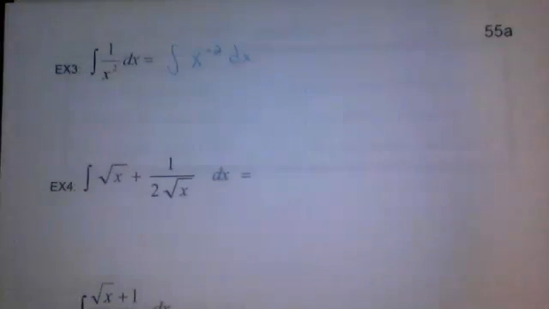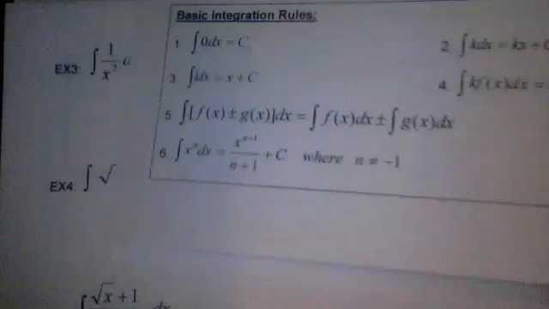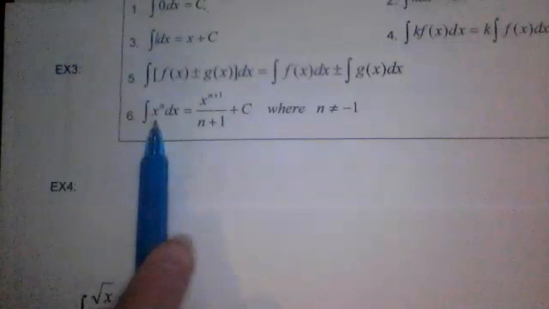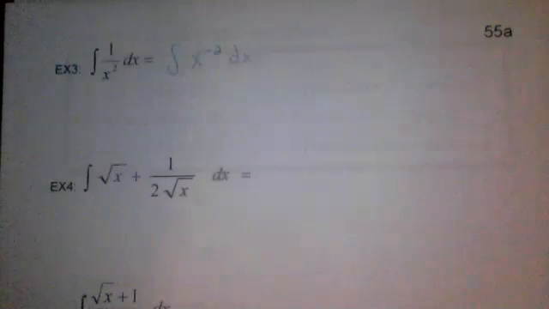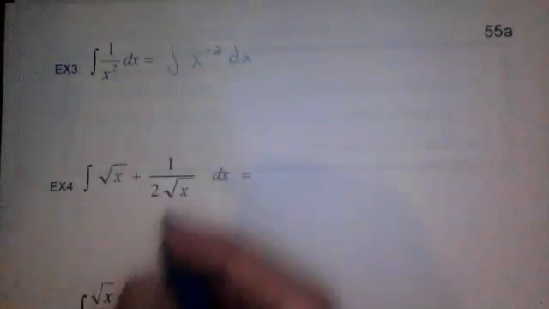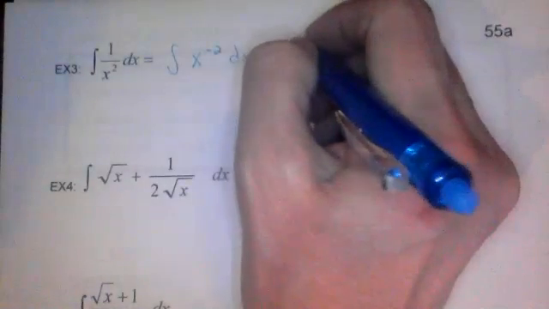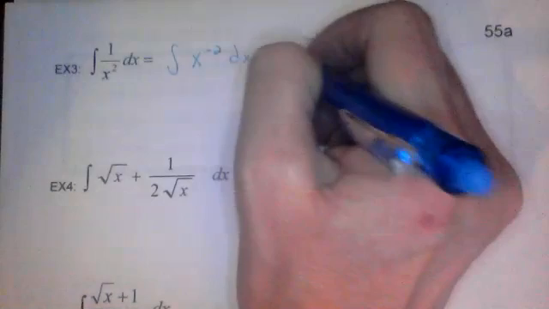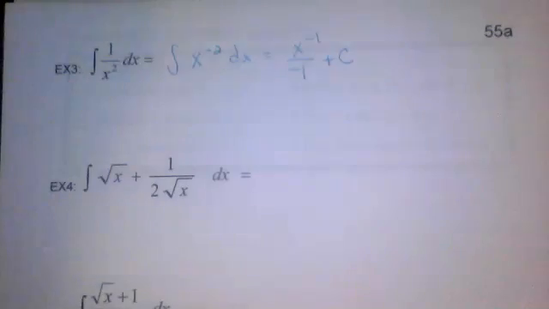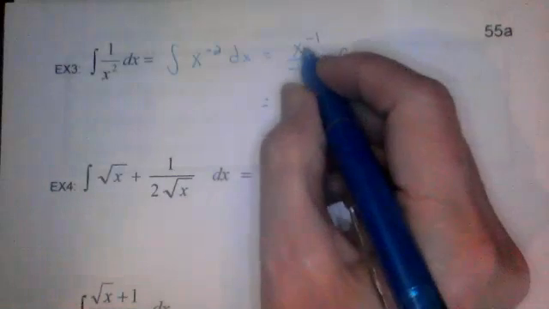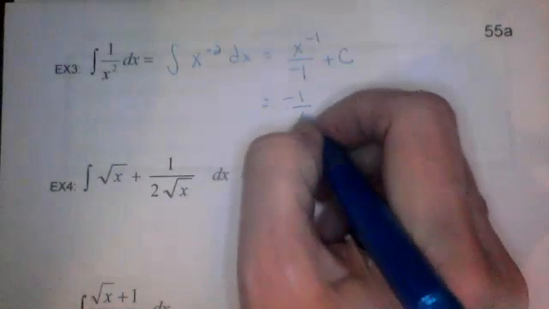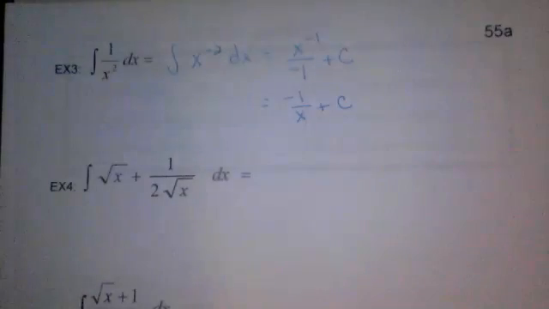And then if I want to use these rules over here, it is now like this. So I just add 1 and put it over the number plus c. So if I add 1 to negative 2, I get negative 1. So this is going to equal x to the negative 1 over negative 1 plus c. Or the x comes to the bottom, we get negative 1 over x plus c.